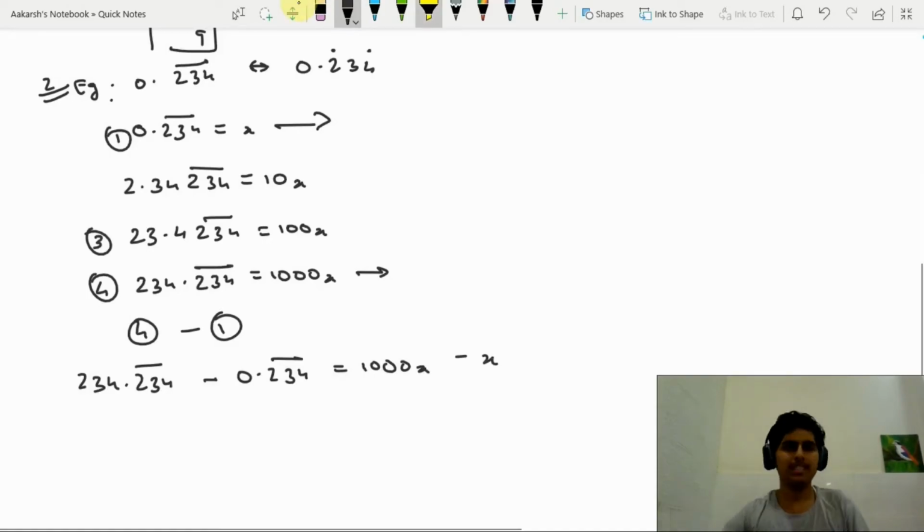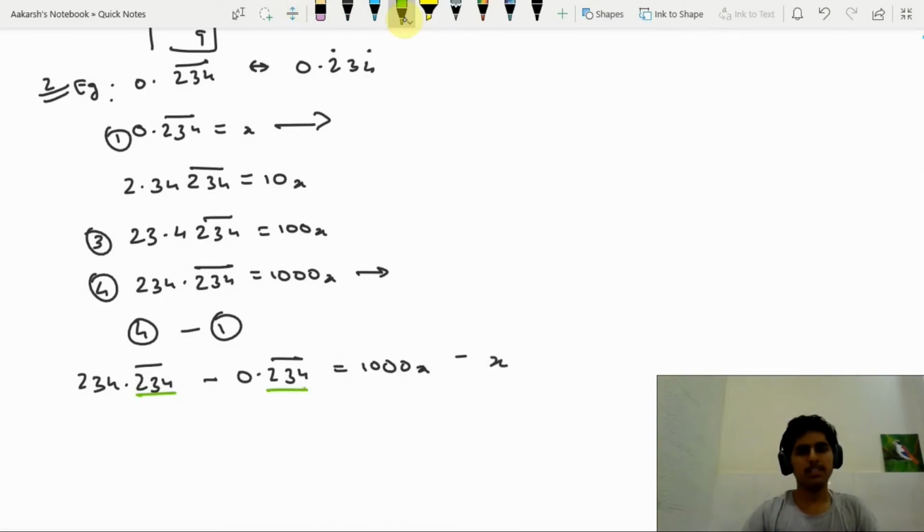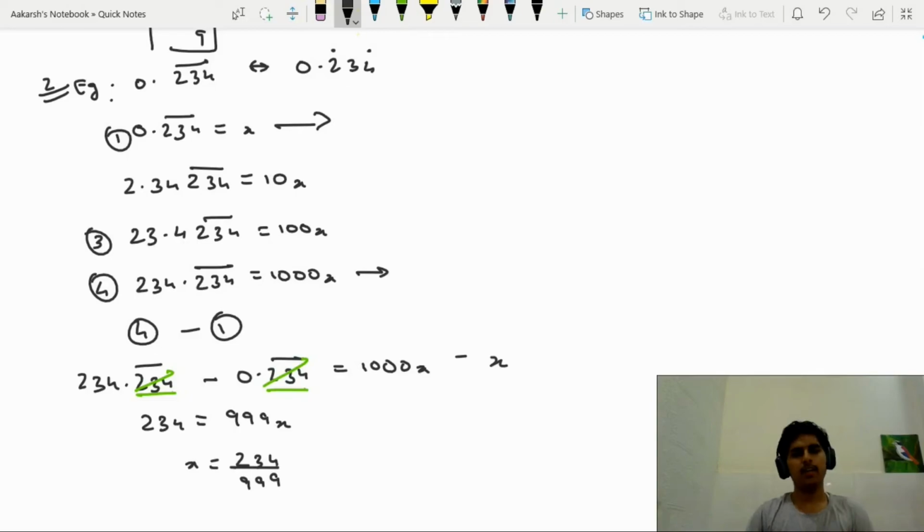So once again, my decimal places are same, and you can see that they straight away cancel out. So finally what I have left with me is 234, which is equal to 999x. Now my x is nothing but 234 by 999.